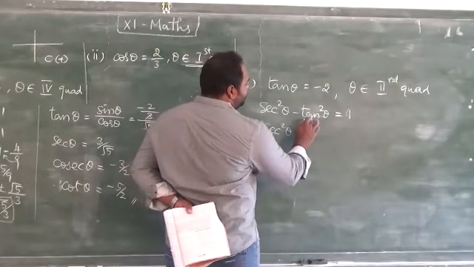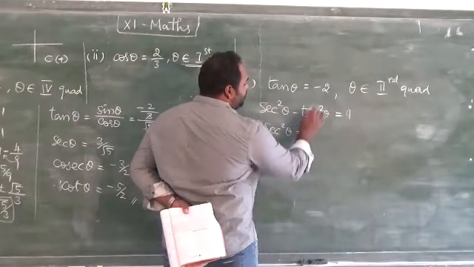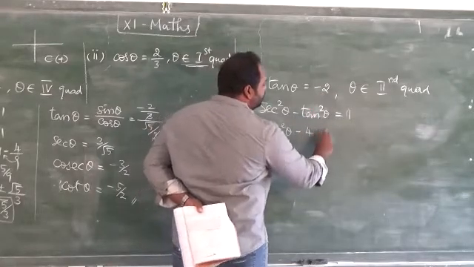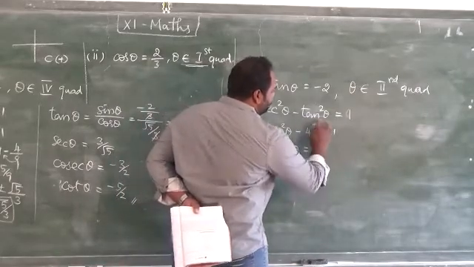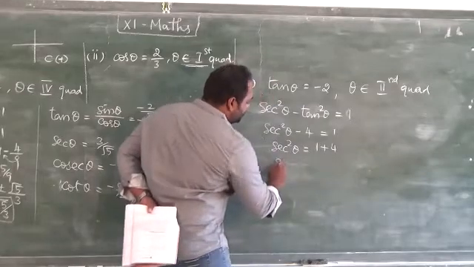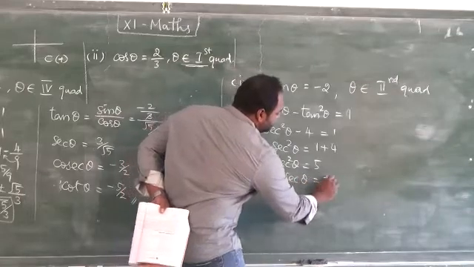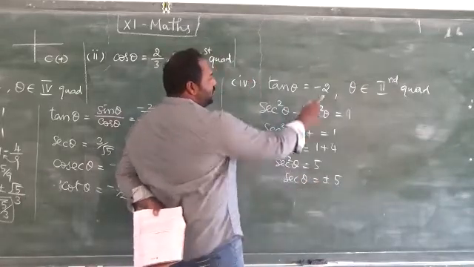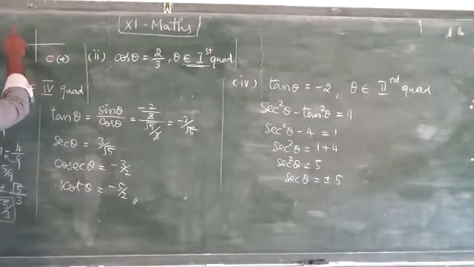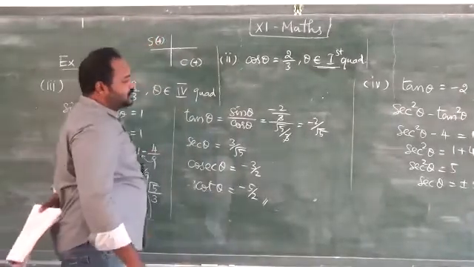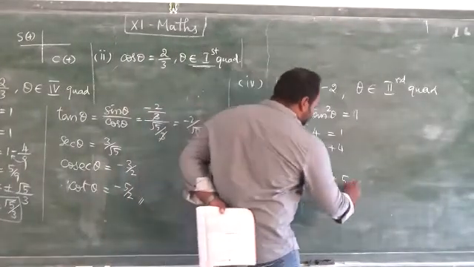Now, secant square theta, the tan value is minus 2. Minus 2 square is 4, and 1. Secant square theta equal to, if you bring this to this side, 1 plus 4. Secant square theta is 5. So secant theta is plus or minus root 5. Theta belongs to the second quadrant. In the second quadrant only sin and its reciprocal are positive. Secant is the reciprocal of cos, so it is not positive, it is negative.